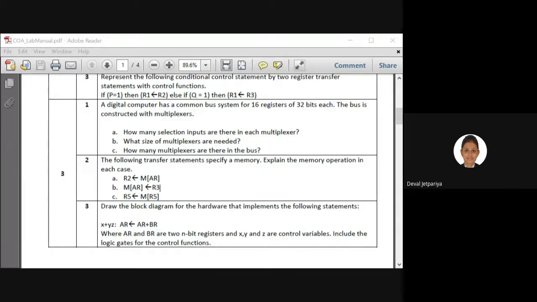No one is going to recall this. If I am having the same PPT, let me show you. Immediate mode. Yes, one is immediate mode, correct.